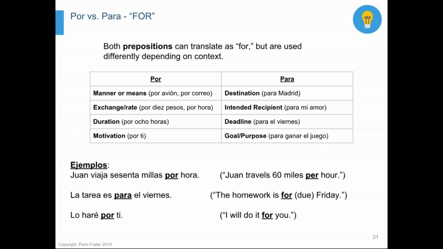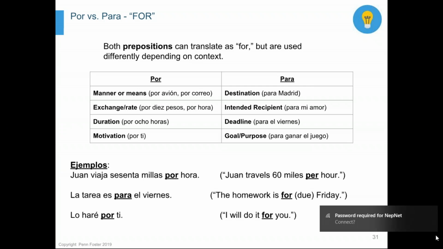On the left side, por is used for a manner or a means, like the means of transportation. The exchange or the rate of something, maybe currency or miles per hour, for a few examples. The duration that something lasted in terms of time, that example in parentheses meaning for 8 hours.